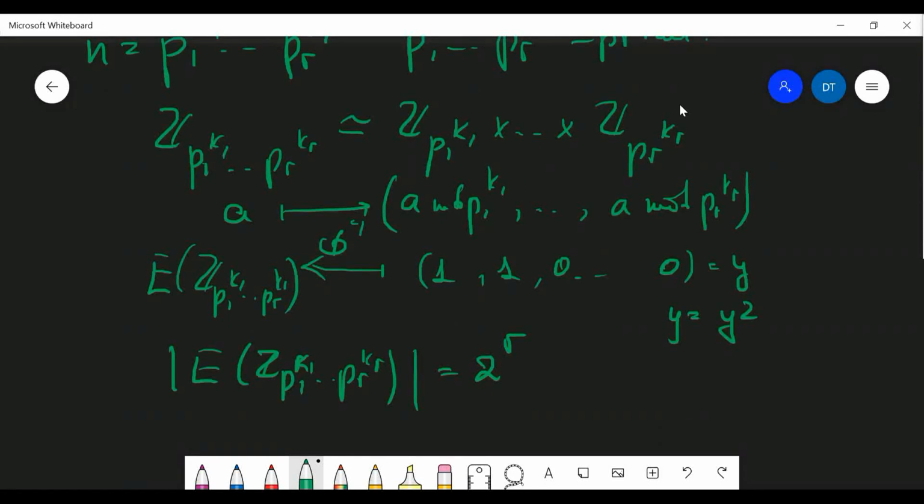Now here is the way to find all the idempotents on the right-hand side. You take all the sequences consisting of 1s and 0s, for example 1, 0, 1, 0, 1, or all 0s, or all 1s, or something like 0, 0, 1, 0, 0, and so on. Apply the inverse isomorphism to each sequence of this form, and you will get an idempotent on the left-hand side, and this will give you all possible idempotents.